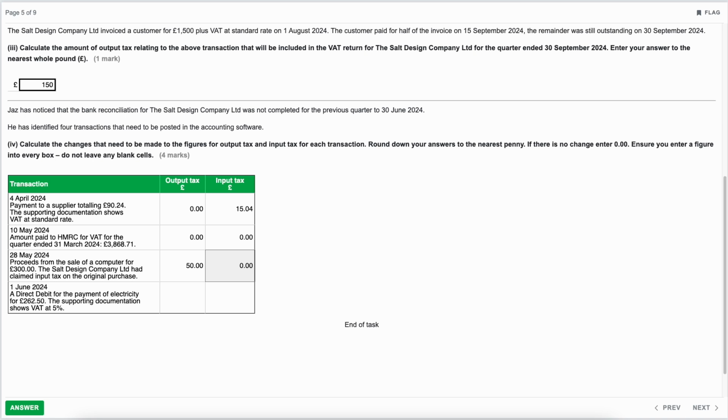So to calculate that, all we do, take our £262.50, divide it by 105 again to get 1%, and multiply that figure by 5, and that will give us a reduced rate input tax that we can claim back of £12.50. And remember, enter in 0 in our other box.